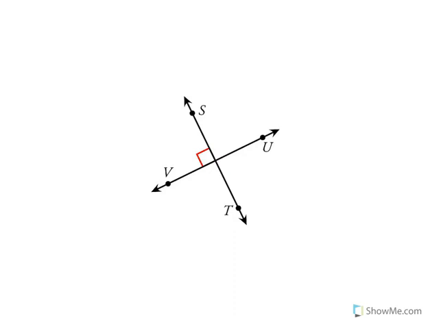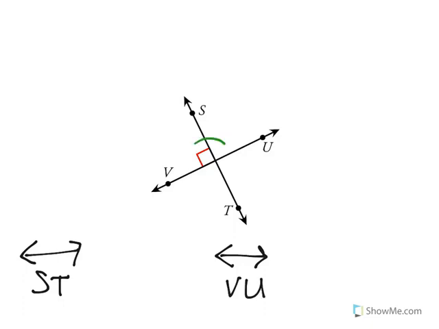If we look here, again we have two sets of lines. We have ST and then we have VU. Okay? Now, notice something about these two lines. They are touching, and when we said two lines touch, that makes them intersecting. But do you see this red square that's right there? That red square stands for something.